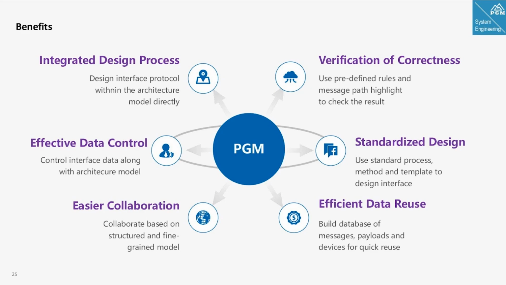And we know that an architecture model or system model is more effective in collaboration compared to documents. Then the interface information inside the architecture model is also easier to use in collaboration. So the third benefit is easier collaboration.